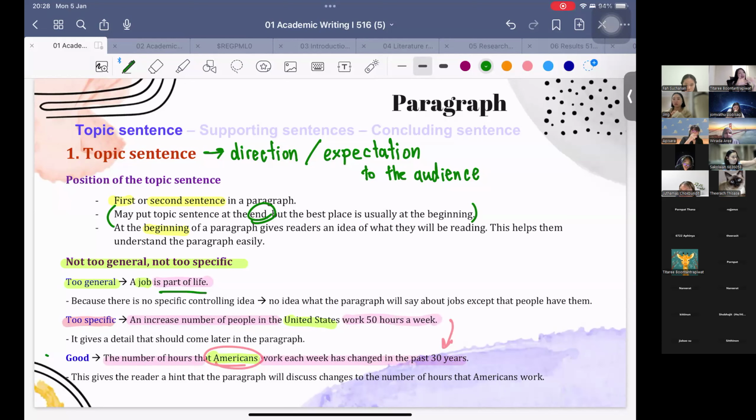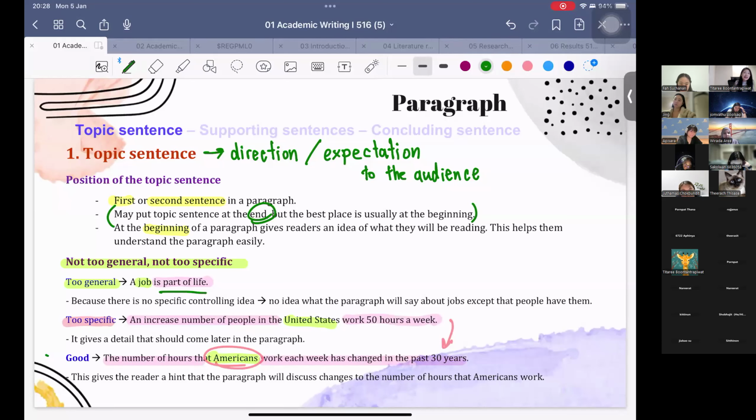The idea of a topic sentence is to provide an overview, and if the audience wants the details, they need to keep reading. Because when you write something, you want people to read it, right? We don't want them to just read the first sentence and skip the whole thing. We want the audience to go through our reading.